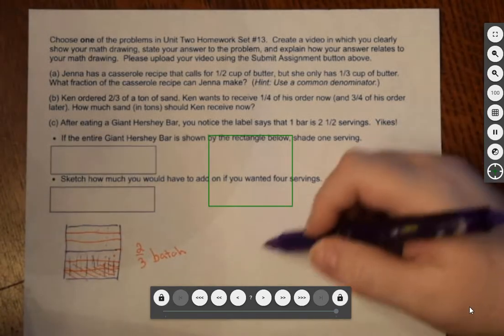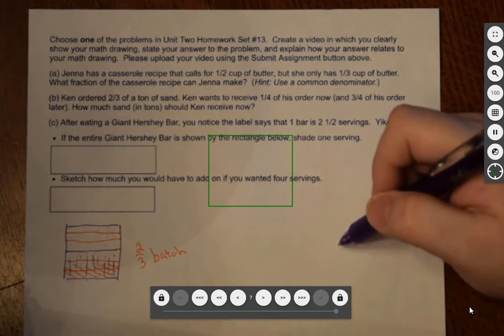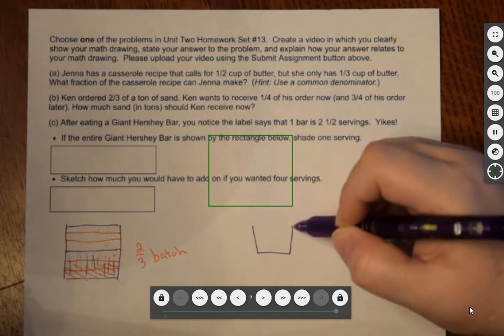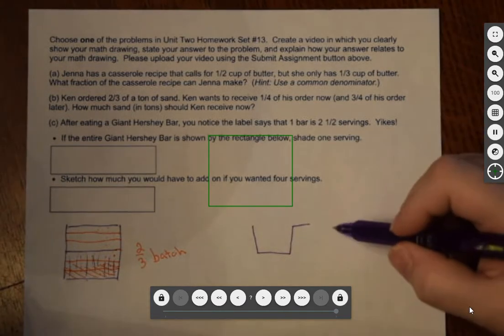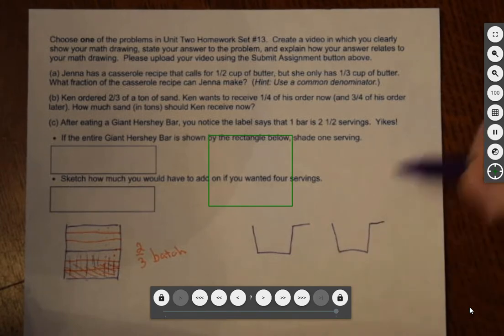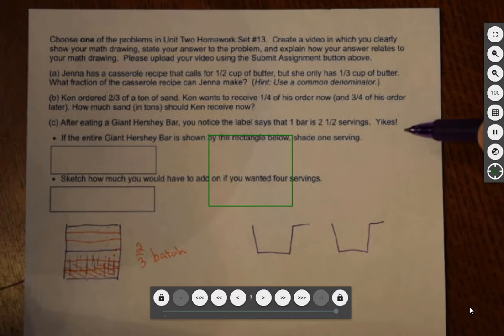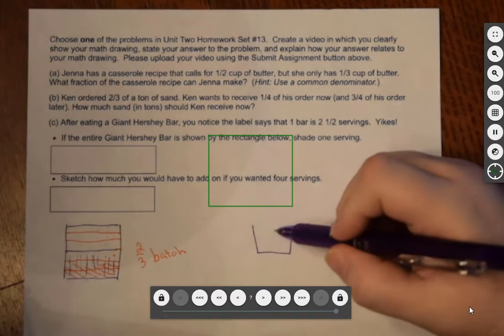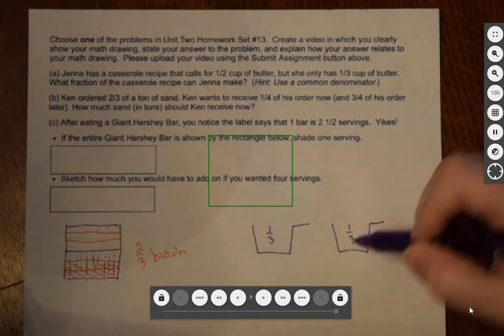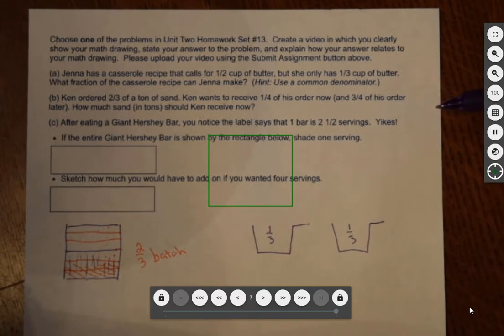Well, I could draw that a couple different ways. Let's use our measuring cups, and I know measuring tons of sand in measuring cups isn't very realistic, but let's use our measuring cups. So he ordered 2/3 of a ton. So if this is 1/3 and this is 1/3, that would be 2/3.